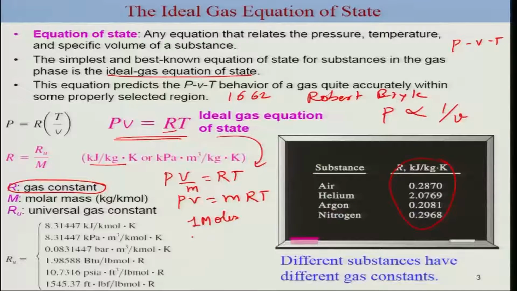If we convert this to moles, you get this kind of expression, where N is the mass divided by molecular weight, and therefore the gas constant gets modified and is written as R_U.